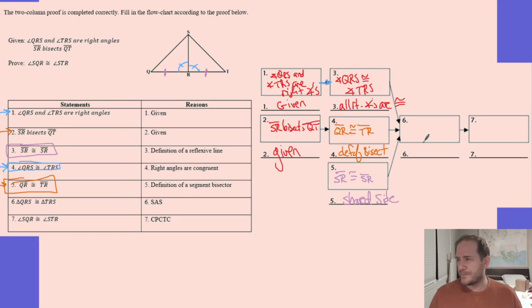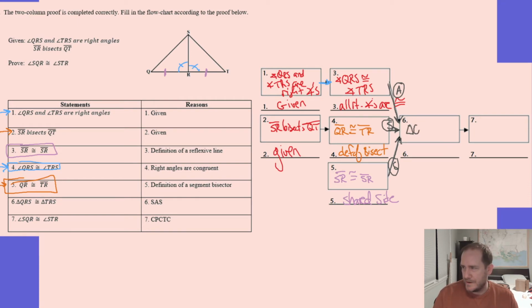Alright, now, basically 100% of the time, when you see these three arrows leading into another box, especially when those three arrows are coming out of boxes where we had congruent angles, we had congruent sides, we had congruent sides, that's going to be the congruent triangles. So statement 6 is going in box 6. I don't need to mess with that.